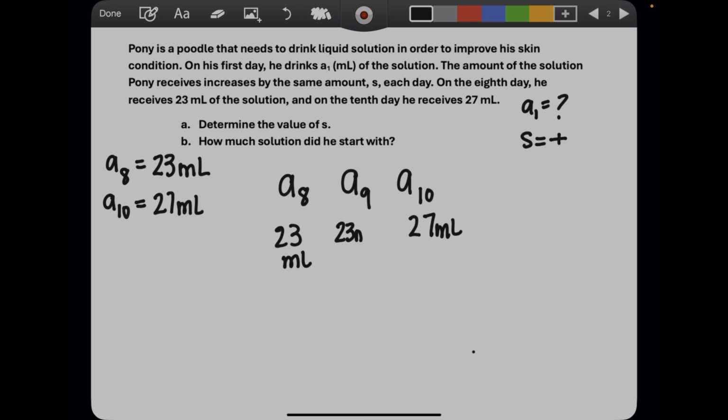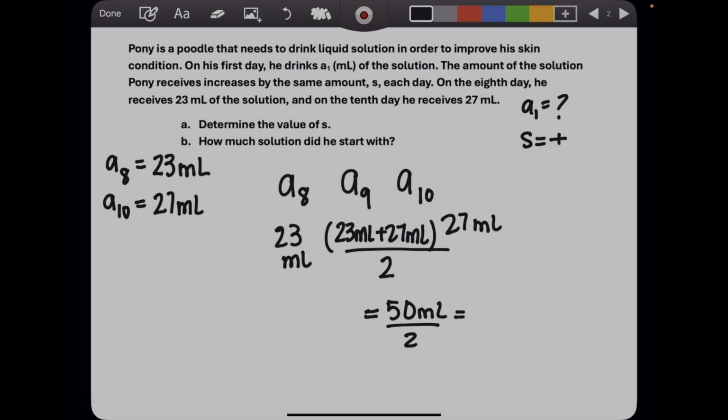So 23 milliliters plus 27 milliliters, divide that by 2. We have that 23 and 27 added up gives us 50 milliliters.